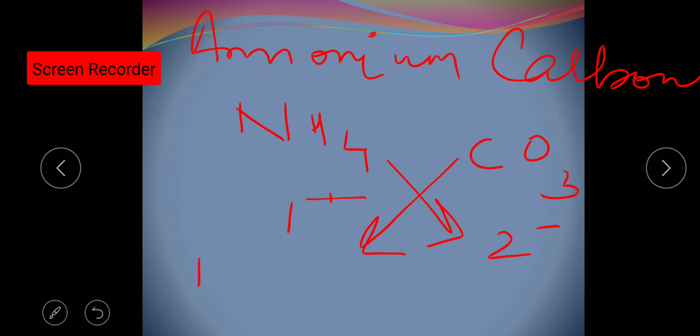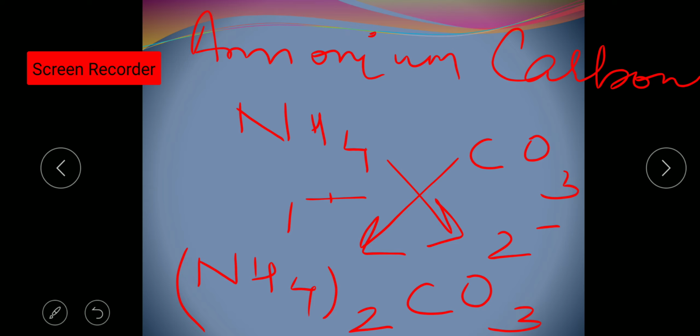So you will get (NH4) whole twice, bracket, and CO3. So whenever you get a compound radical as a basic radical or acid radical of the compound, and if it has more than one number after crisscross, then you put a bracket around it. Otherwise, only a particular element's atom will be increased, not the radical at all.